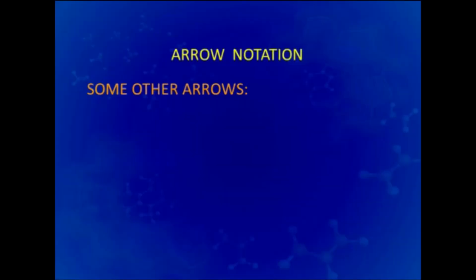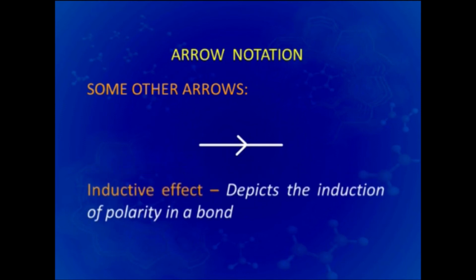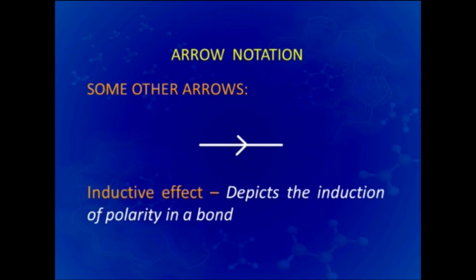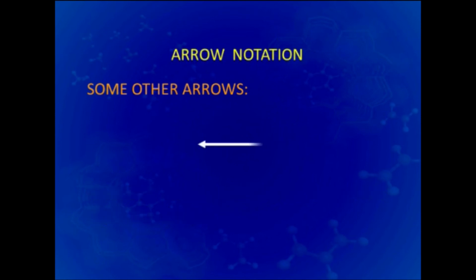There are a few other arrows which are used while depicting reaction mechanisms of organic reactions. We have an arrowhead made in between in a line which depicts the inductive effect. The inductive effect basically depicts the induction of polarity in a bond. And we have a double headed arrow, with heads on both sides, which depicts resonating structures.